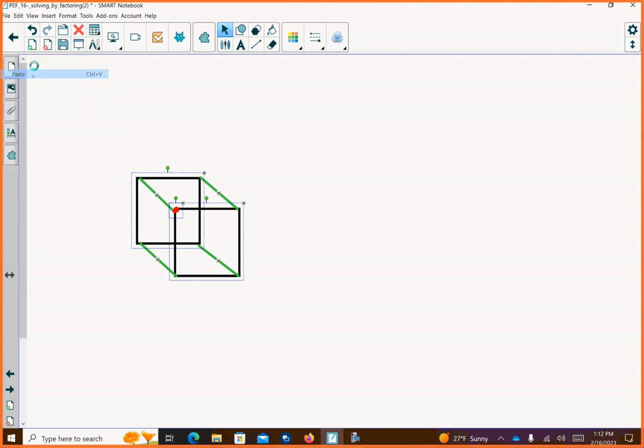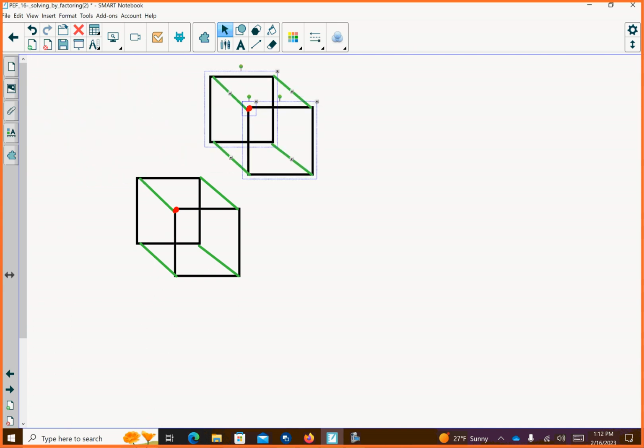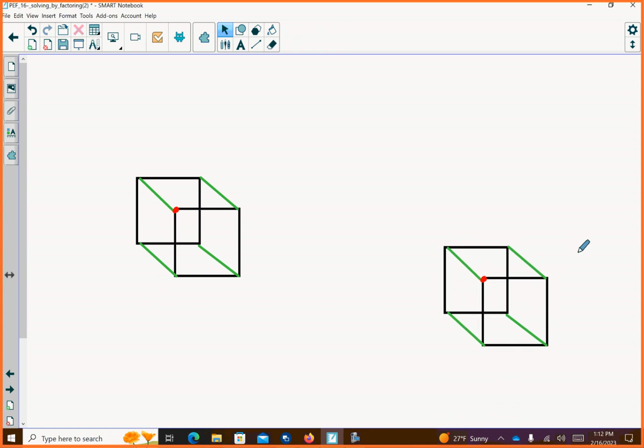So does everyone feel comfortable you could find something that is that shape someplace? Okay. Paste. All right. Let's move this over here. So now I have the identical cube right here. Agree? Mhm. All right. Ready?